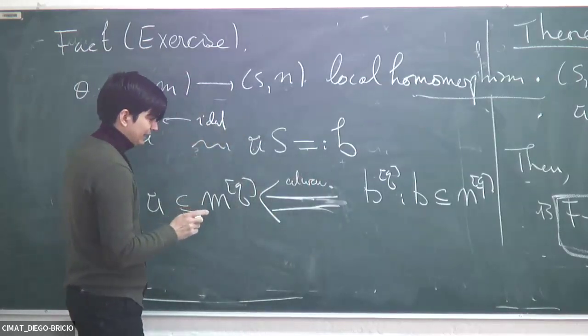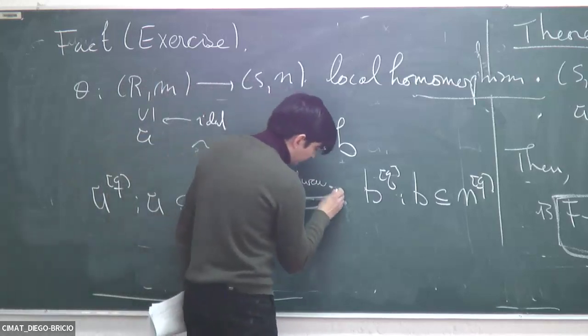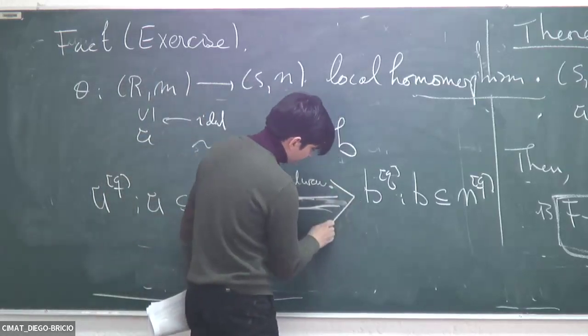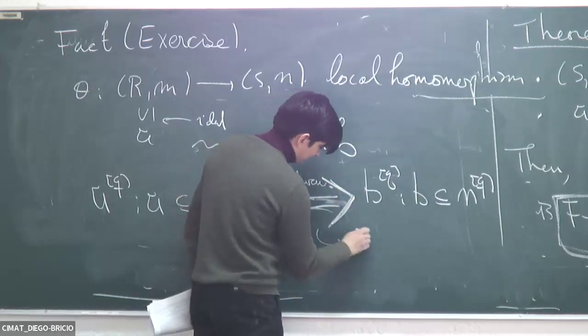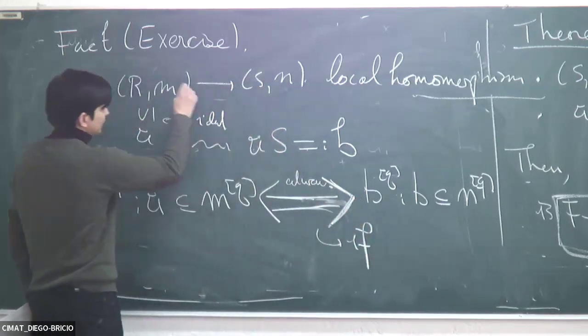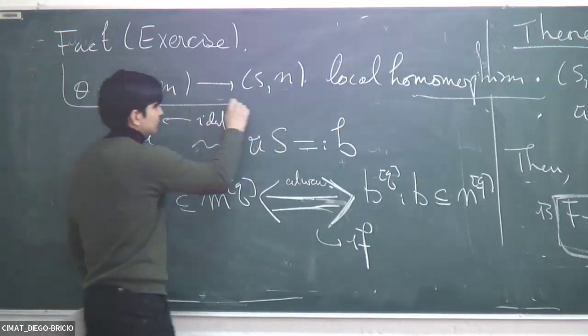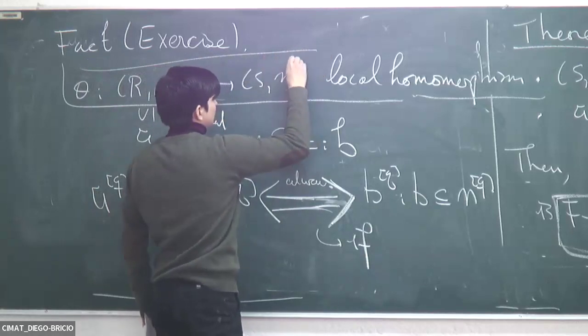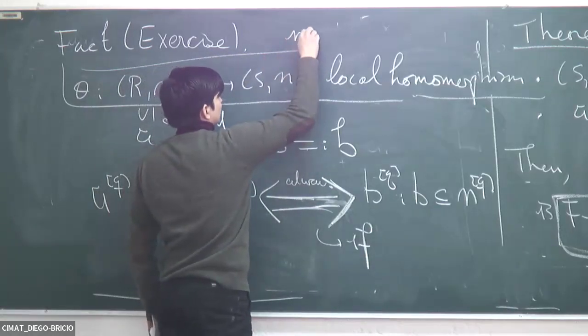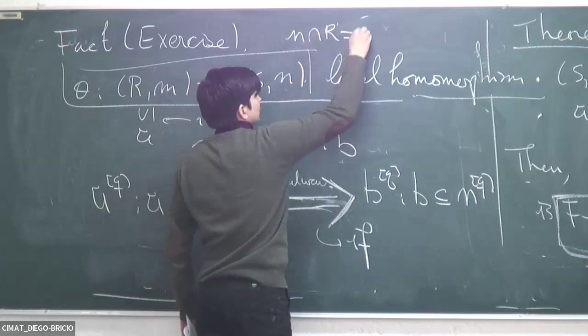However, the exercise claims that the converse is true if. So look, we started with a local homomorphism. Remember also that local means that the contraction of N is N, right?